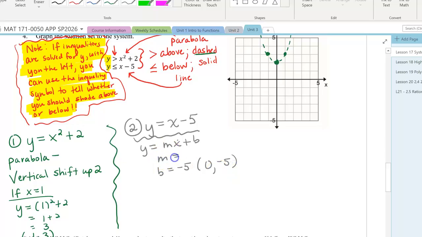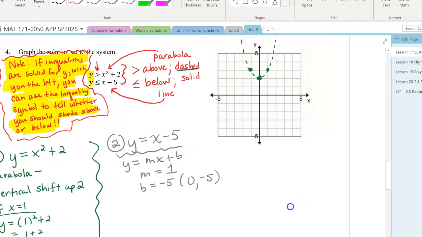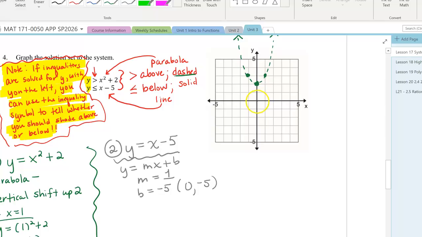And then our slope is the number in front of x, which if there's nothing there, is understood to be 1. So we can graph the point 0, negative 5, which is here. And then from that point, we can walk out the slope by going up 1, over 1, up 1, over 1. And this is a solid line, so we're going to graph it with a solid line.